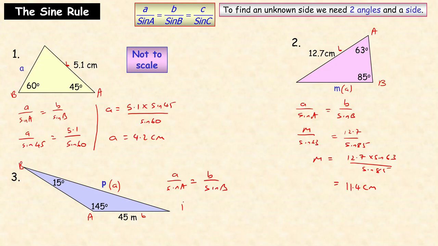a is p over sine of 145 degrees is equal to 45 divided by sine 15. So this goes up the escalator next to the 45.